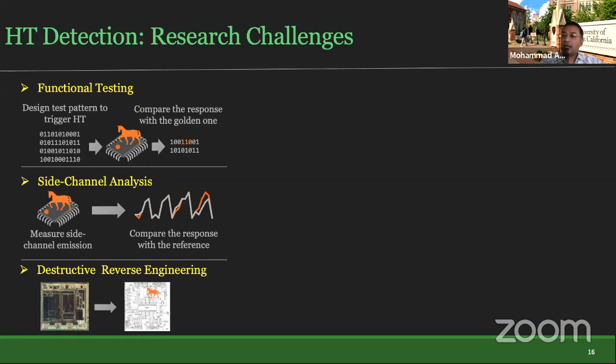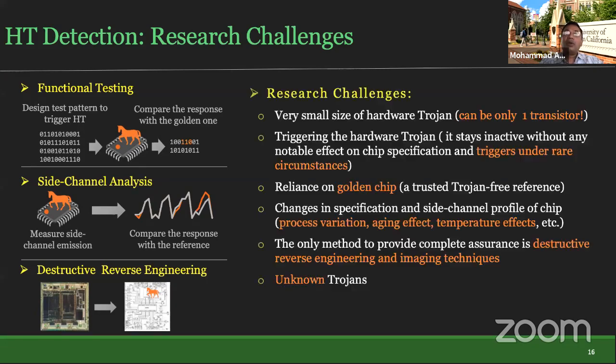So we had been following side channel analysis. We had been working on a Navy ONR project, where we had a different set of goals. The work that I showed you, over the last 12 plus years, had a couple of assumptions. Typically their Trojans are big, but now a hardware Trojan can be as small as one transistor. And hardware triggers don't trigger much; they are activated a very small amount of time.